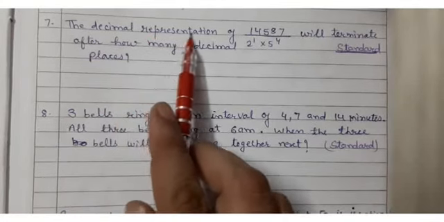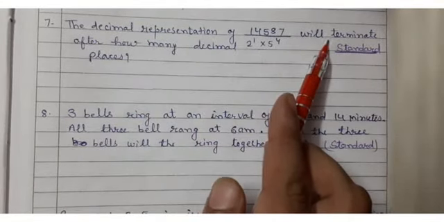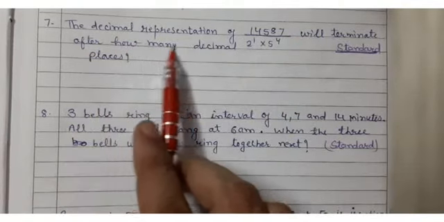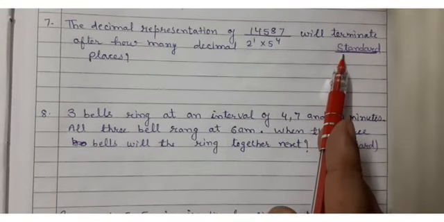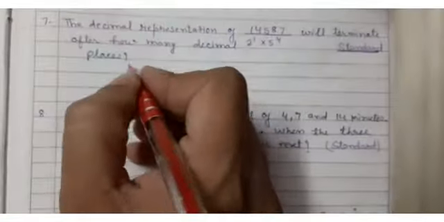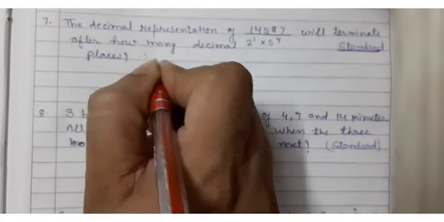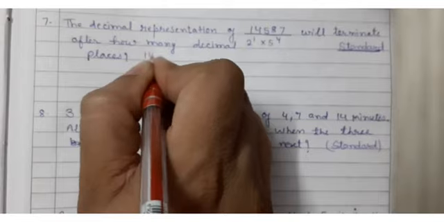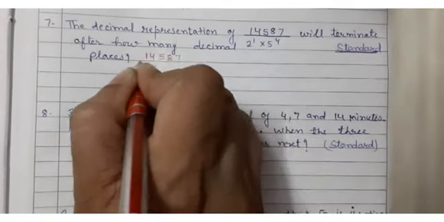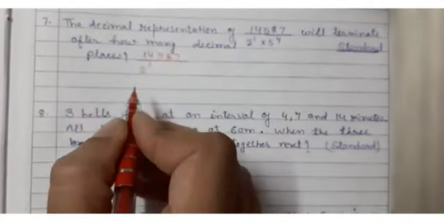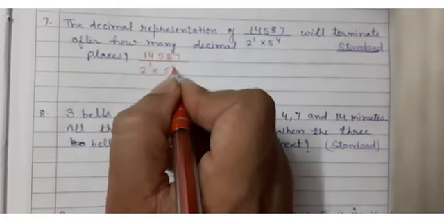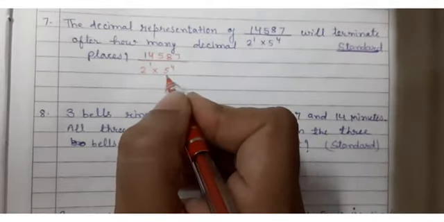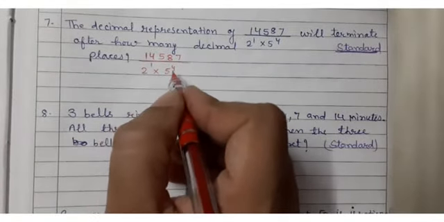The decimal representation of this will terminate after how many decimal places? You can do this directly also, and this question is in the standard paper. Here we have 2 power 1 and 5 power 4.